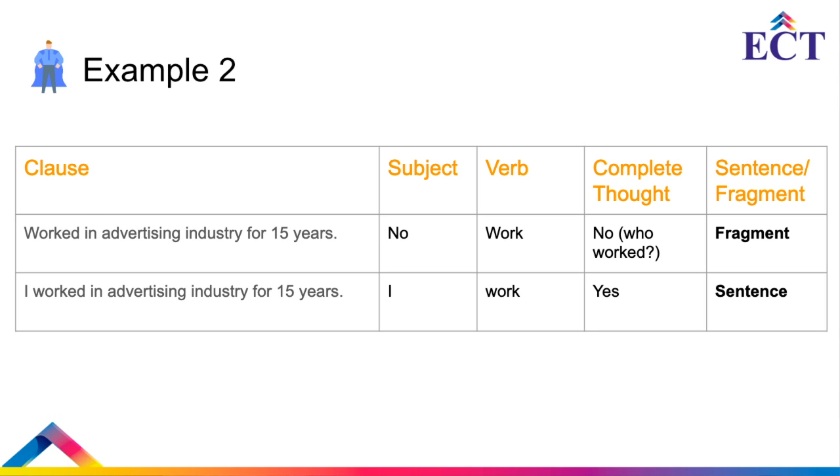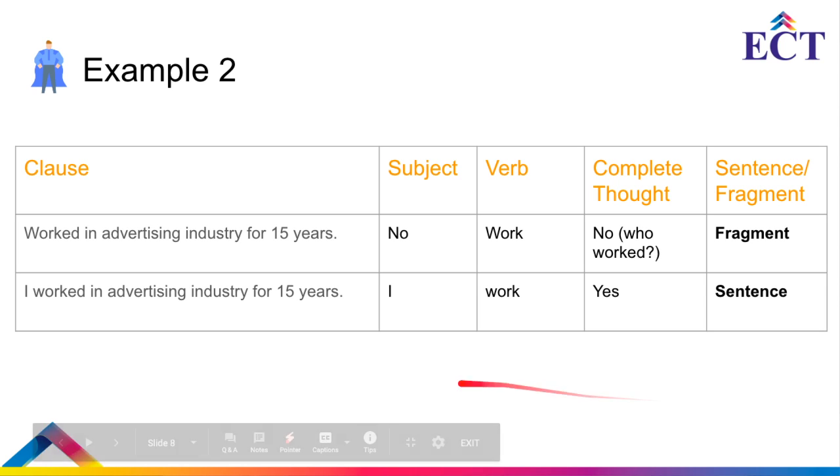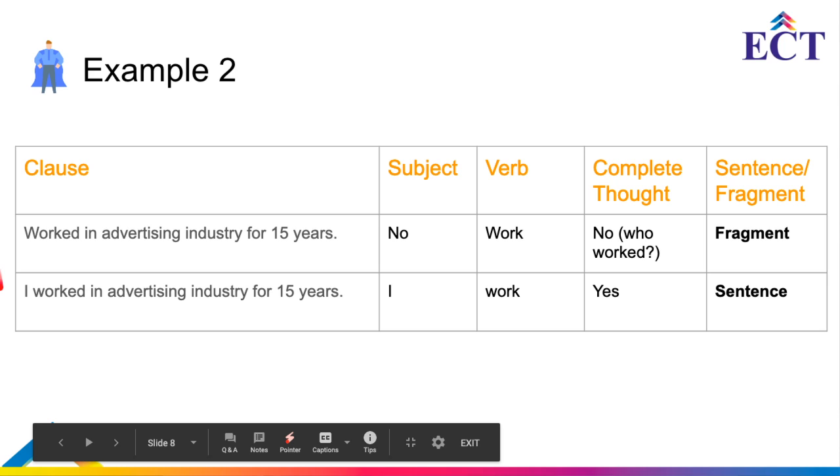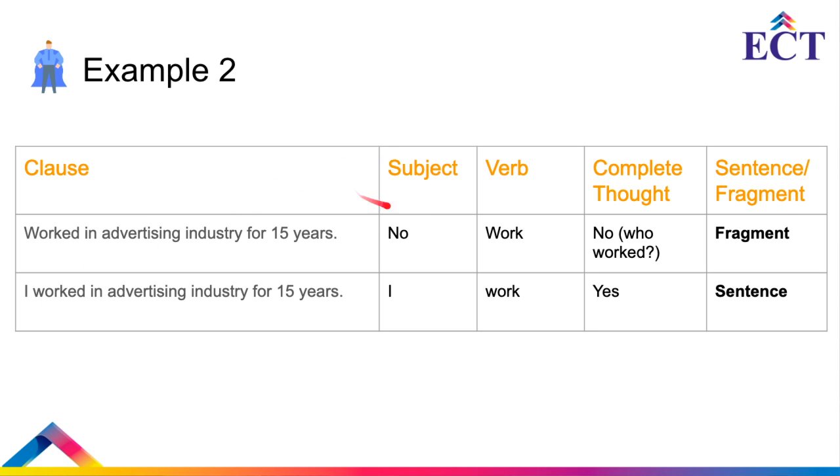Similarly, let's see example 2. This is where I have seen many people writing their professional bio and they tend to make these mistakes. Worked in advertising industry for 15 years. When they write it, they think that since they're writing about themselves, they can omit I, and then they think that the sentence is complete. But does the first clause have a subject?